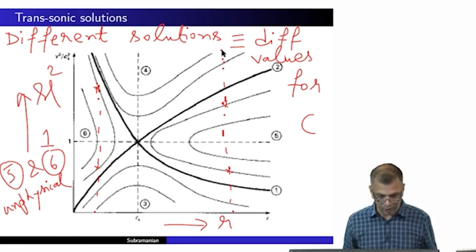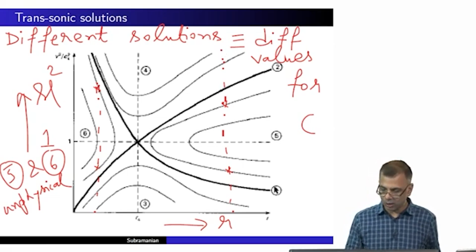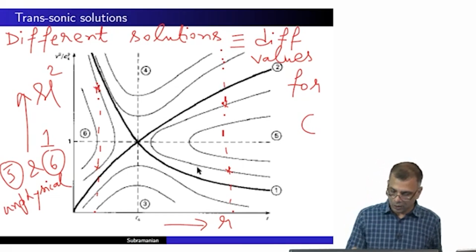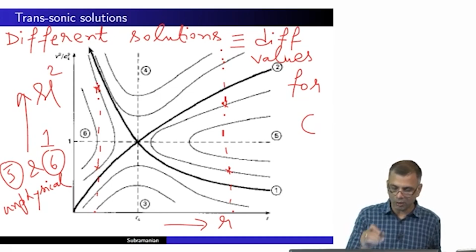Okay, and so we can quickly see what these are. Solution 1, for instance, you start from Mach number less than 1, and you end up at Mach number greater than 1, and you pass through the sonic point. This is the sonic point.